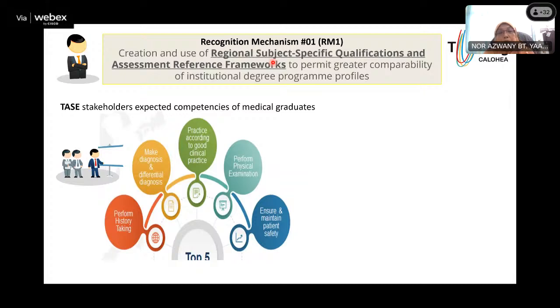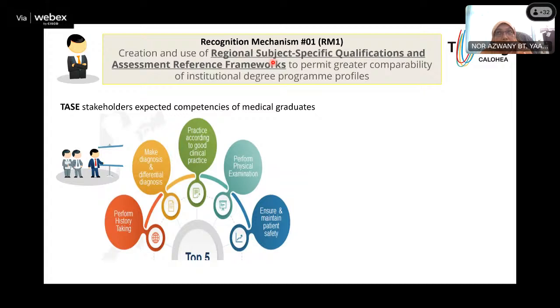Actually this task started way back in our first project with Tuning, which is the TASE, where during the TASE we already asked our stakeholders what their expected competencies of medical graduates are.